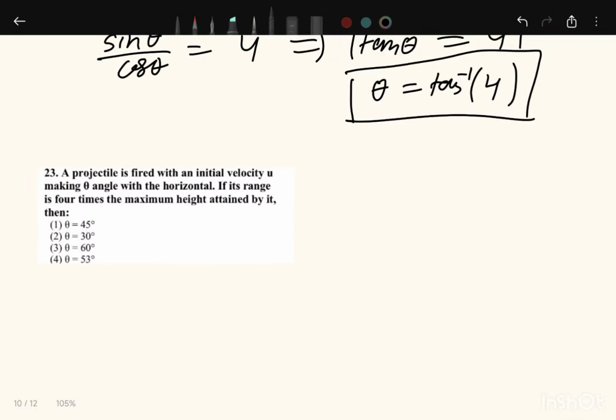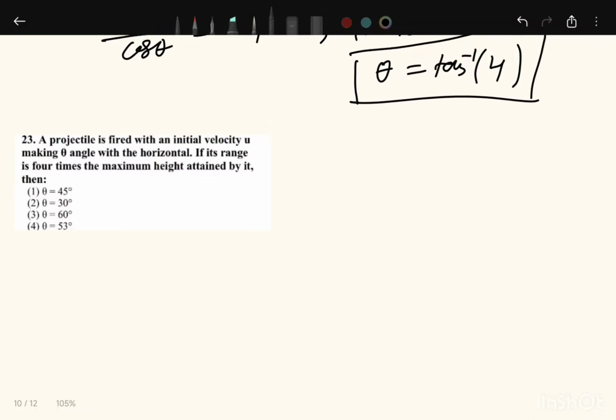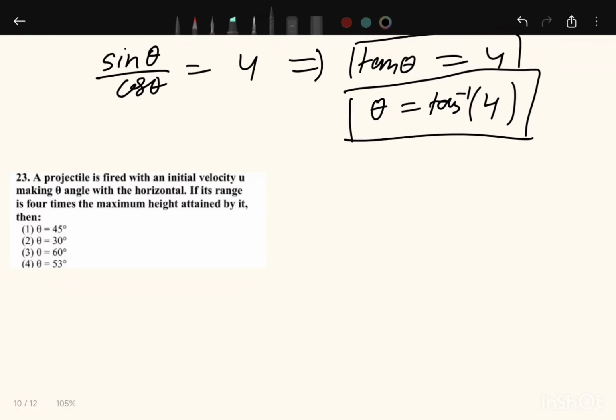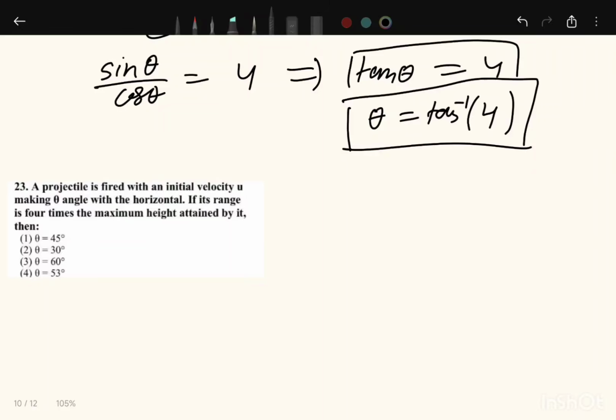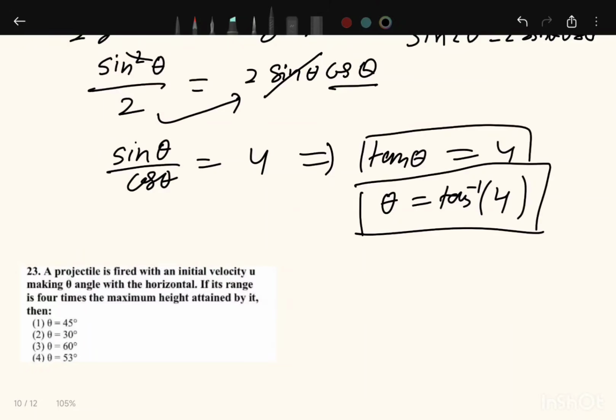Problem number 23. A projectile is fired with an initial velocity u making theta angle with the horizontal. If its range is 4 times the maximum height attained by it, then we have to find the angle of projection.